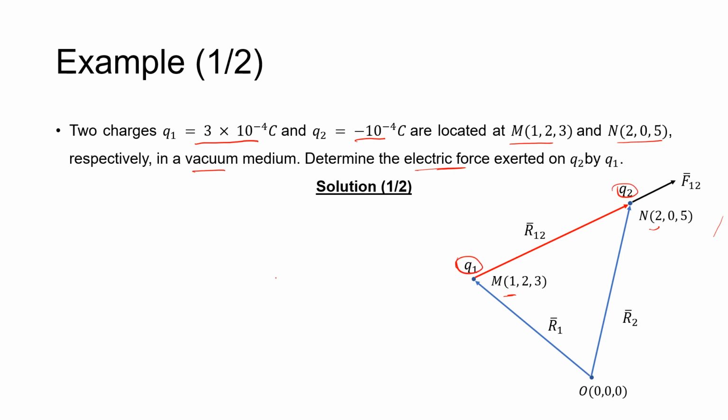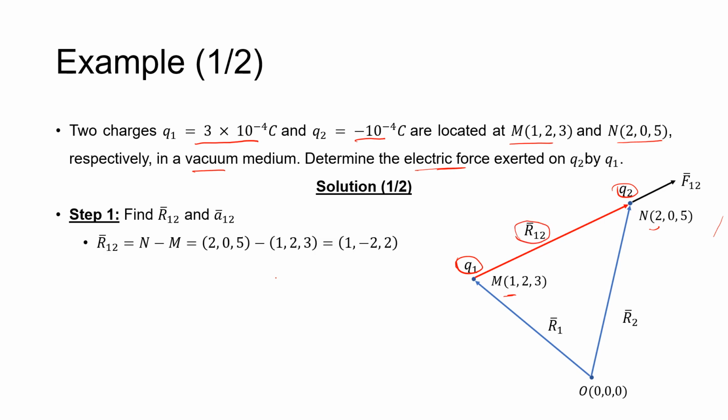The first thing to do is to calculate r12 based on the given points, and the unit vector. Simply subtract N minus M. Here you have (2, 0, 5) minus (1, 2, 3): 2 minus 1 is 1, 0 minus 2 is minus 2, 5 minus 3 is 2. We can rewrite this in ijk as i minus 2j plus 2k.